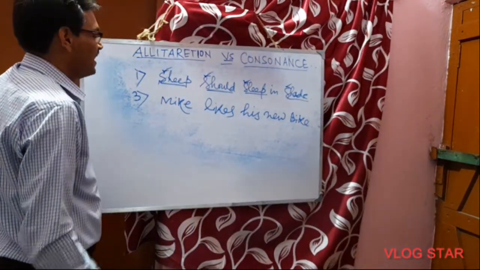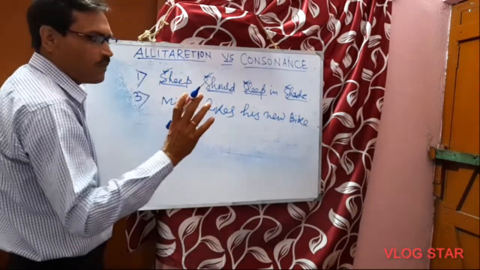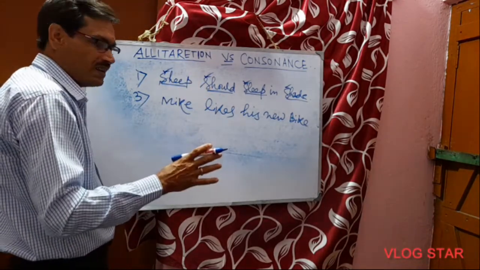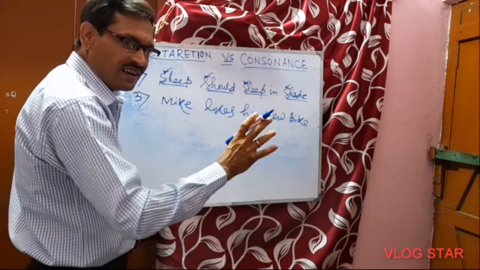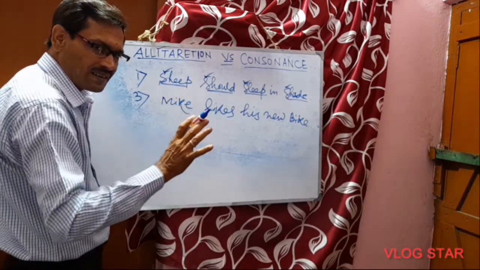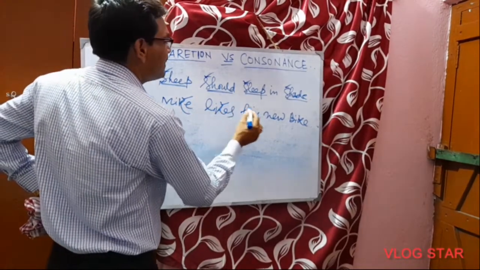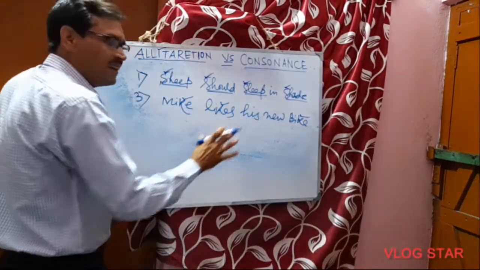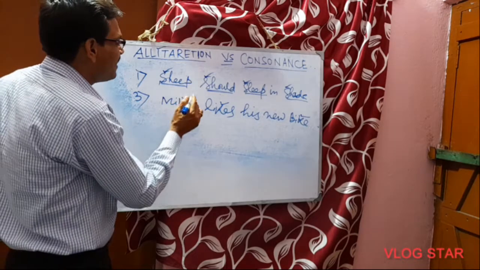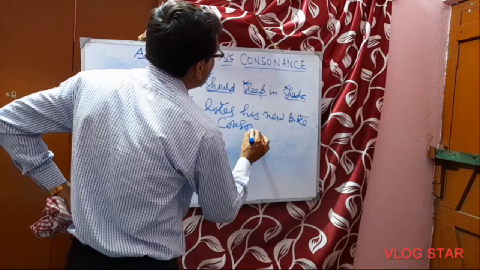Now consider that it is also an example of consonance, but the key point is that the repetition of consonants may occur in the middle or end naturally, but alliteration does not refer to that. Mike, like, bike is not at the end point of a word, the letter is placed in the middle, so it is also an example of consonance.